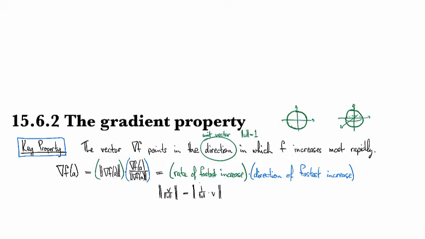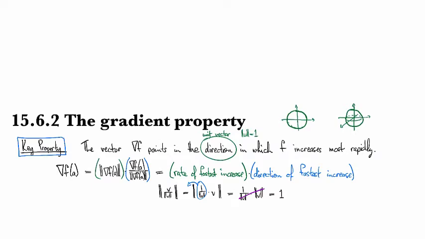So I can pull this outside the magnitude bars, and all I'm left with inside is v, and then clearly these cancel, and I get 1. And so what that's telling me is that v over norm v is a vector of length 1.